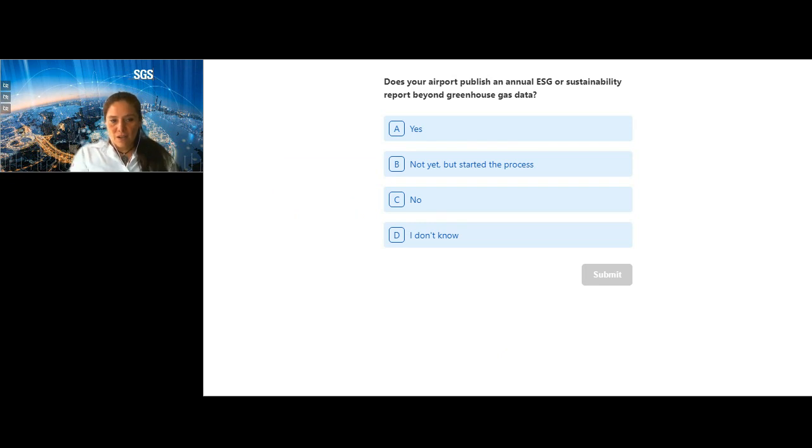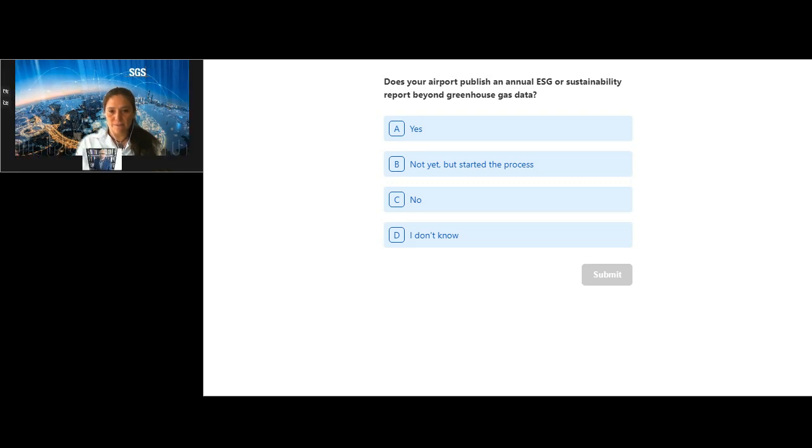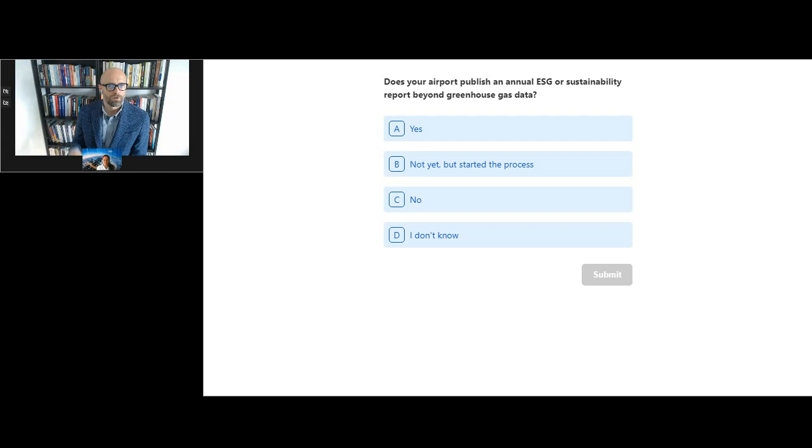So here is a poll question. Does your airport publish an annual ESG or sustainability report beyond greenhouse gas data? As an example, you'll see this in a lot of other places: greenhouse gas reports themselves are common, but they're not as common in other industries as an annual end-of-the-year ESG or sustainability report.